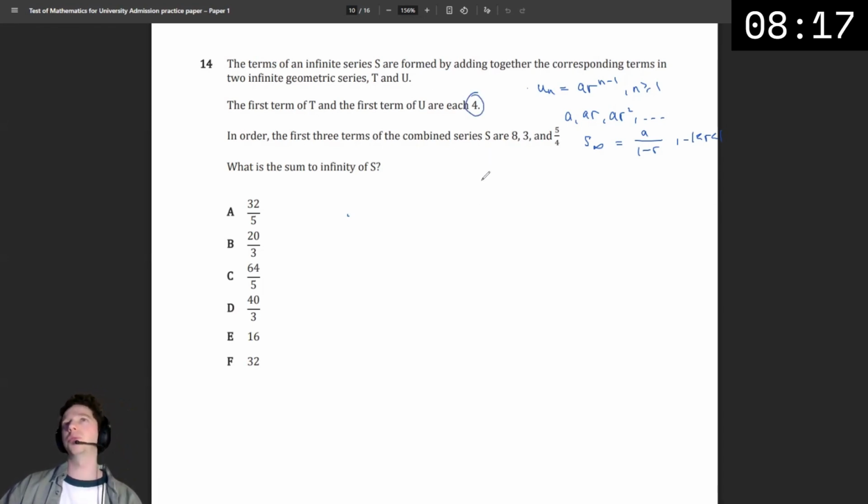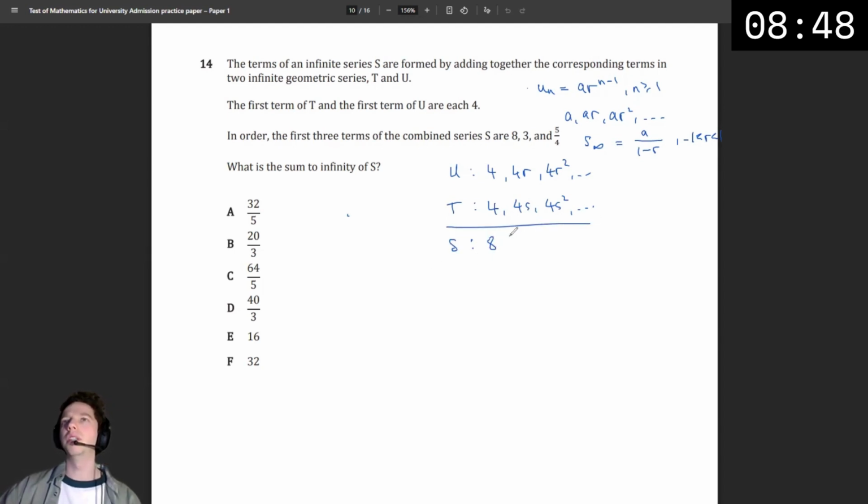All right, and so we have that the first terms are 4 for each, so that's good. We know what a is. So U is 4, 4r, 4r squared. T would be 4, and then 4 times something else like s or s squared, etc. And we're told that the sum is 8. Well, that's not surprising, right?